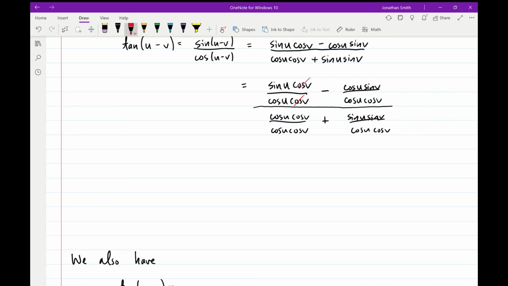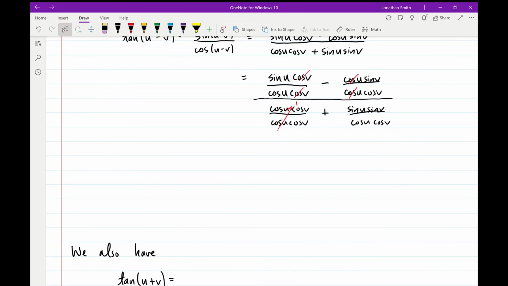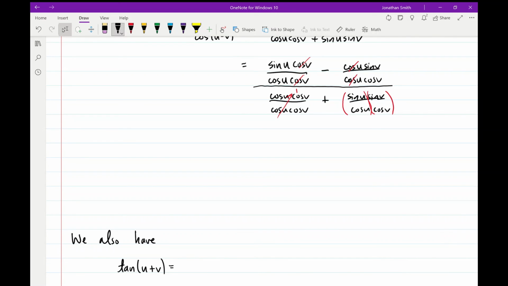They're going to cancel with one another. We have a cosine u and a cosine u that cancel with one another. In the denominator, this is just 1, that first fraction. And secondly, we can think of this second fraction as sine u over cosine u times sine v over cosine v. Okay, so what does this allow us to say?